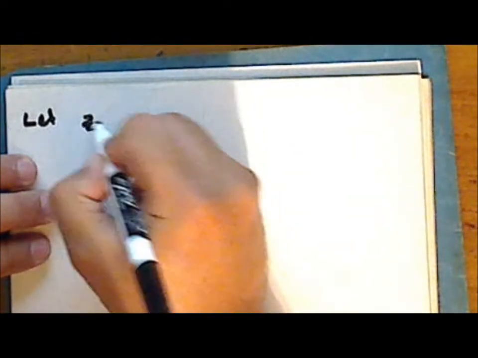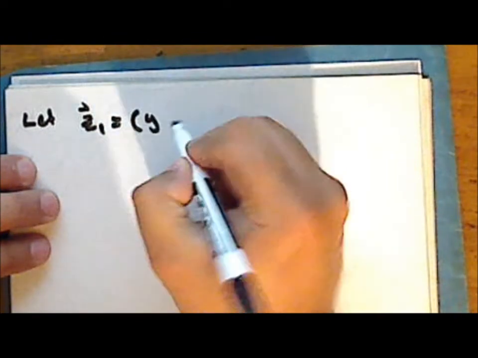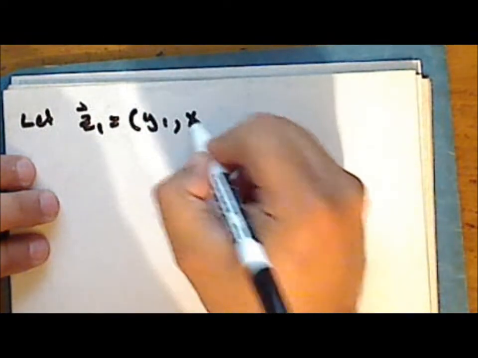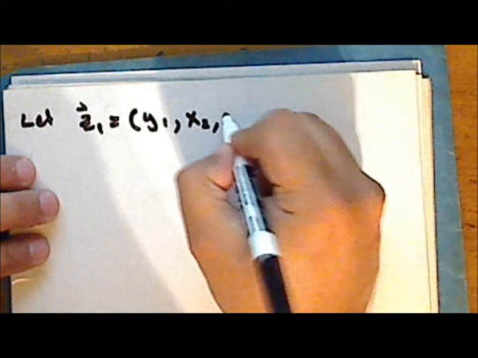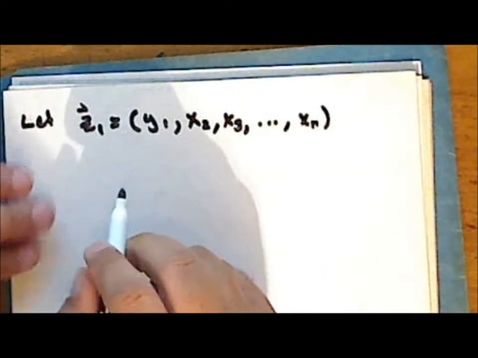So let z sub 1 be the point that has as its first component y sub 1 and as its other components x sub 2, x sub 3, and so on up to x sub n.